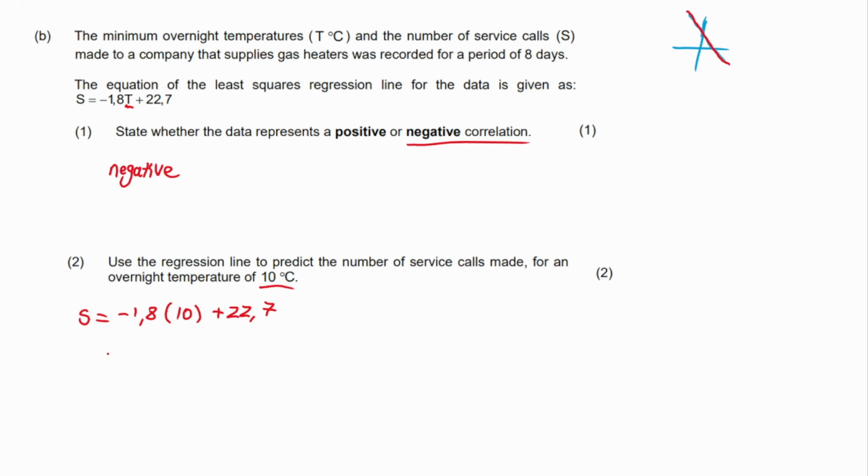If we evaluate this, we get 4,7. Obviously you can't get 4,7 calls, so I'd recommend we round down. I would say 4 calls. That would be the prediction: if the overnight temperature is 10 degrees, there would be 4 calls.